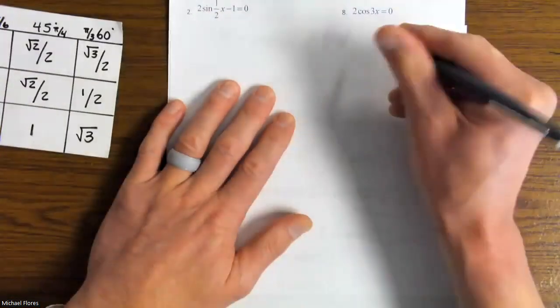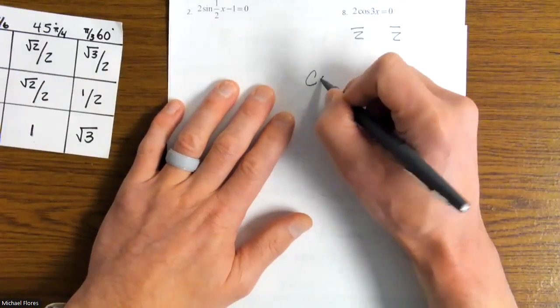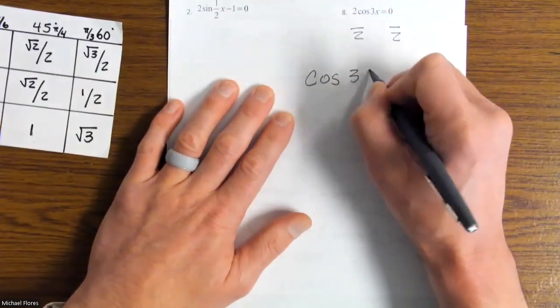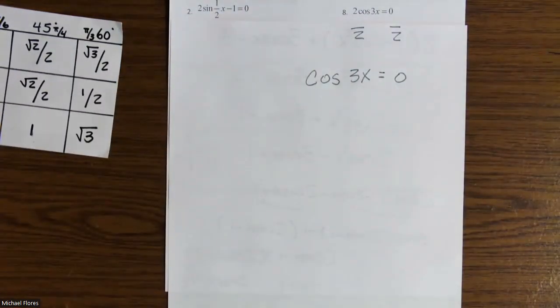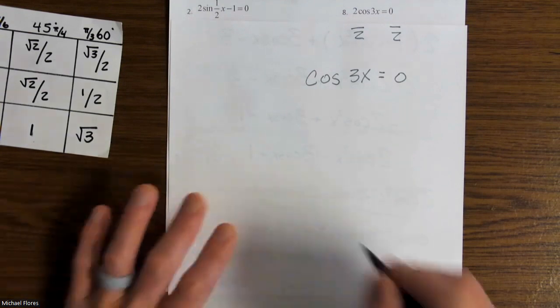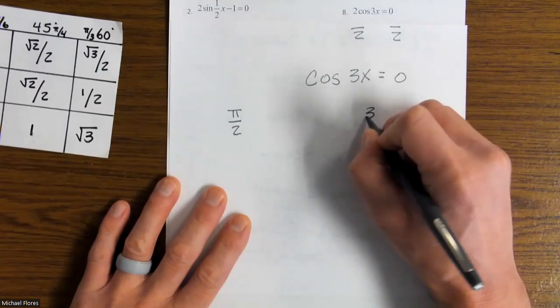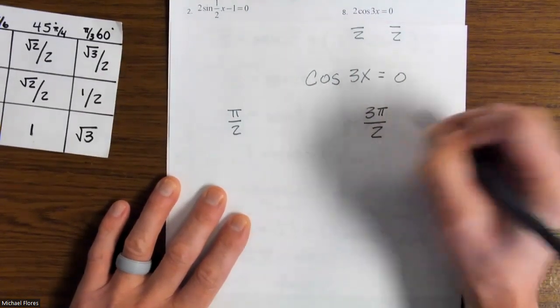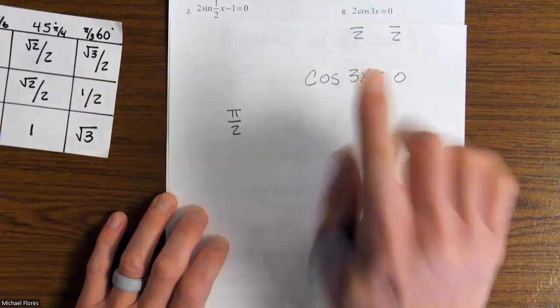Example 8, divide both sides by 2. Zero divided by 2 is 0. Now cosine is 0, those are quadrant angles, at pi over 2 and 3 pi over 2. Now we're going to take these answers here and set them equal to 3x.